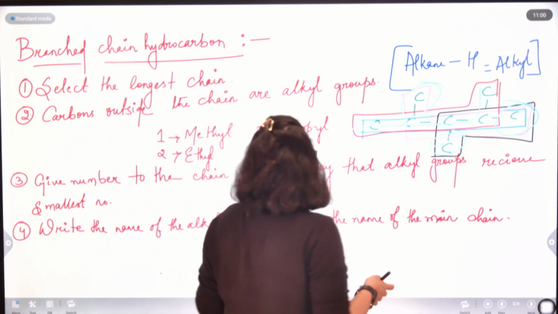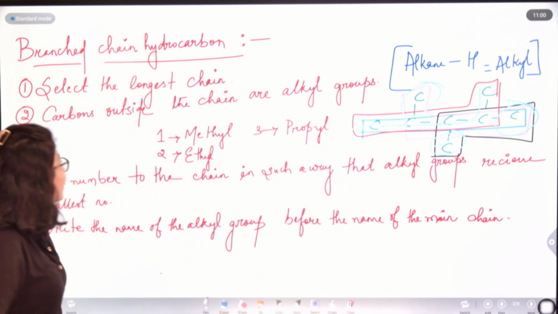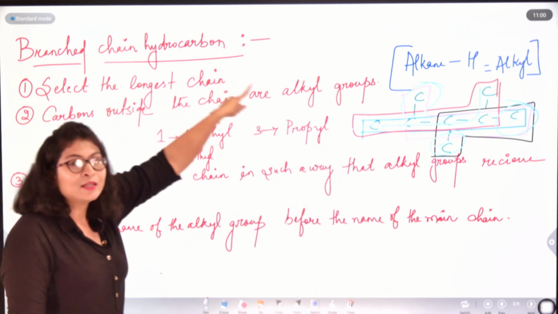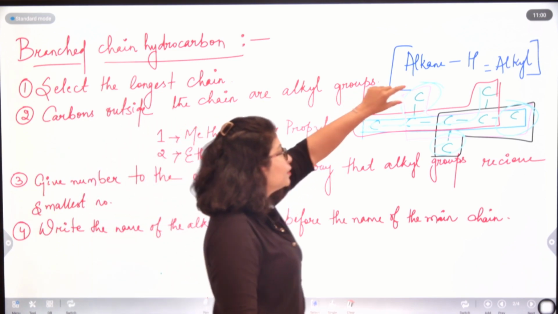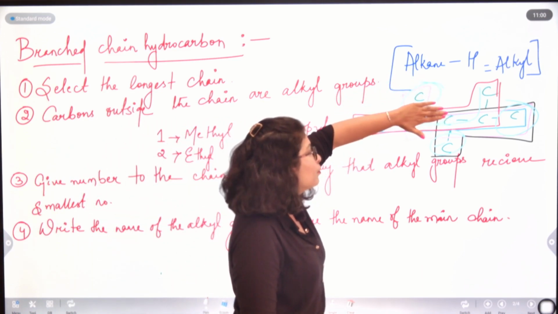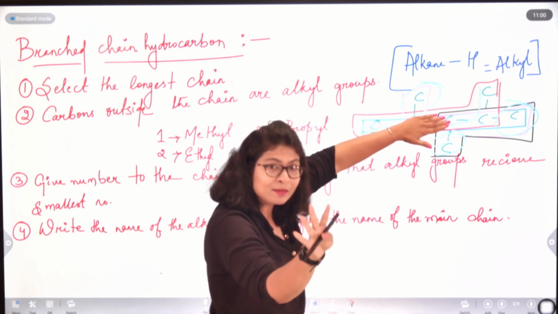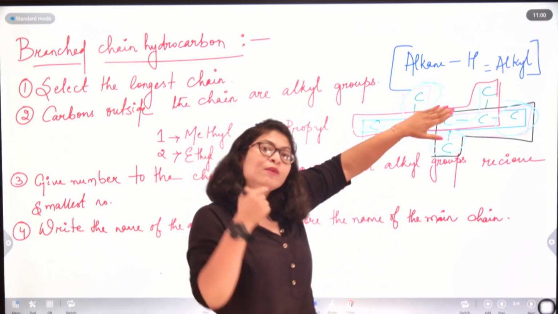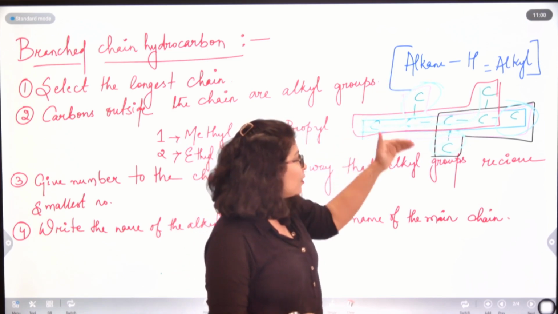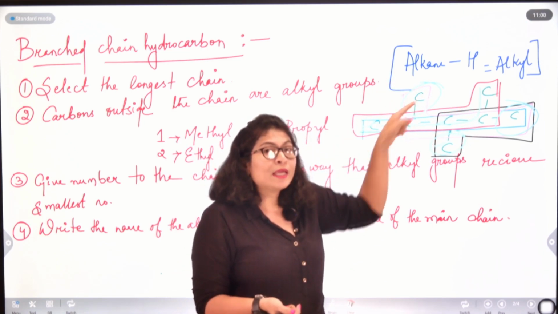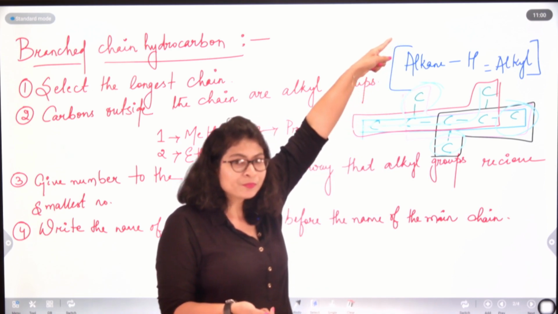Okay. So, the carbons outside the chains are alkyl groups because, see, for this carbon atom, had this bond been non-existent, then it would be having 4 hydrogen atoms, that is alkane, methane. After losing one hydrogen atom only, it has formed a bond with this carbon atom. So, alkane minus hydrogen is alkyl. I have written here.